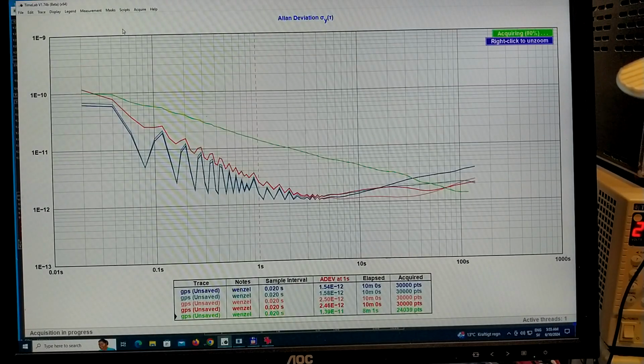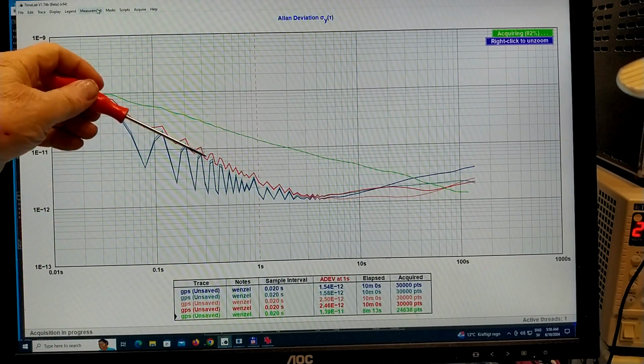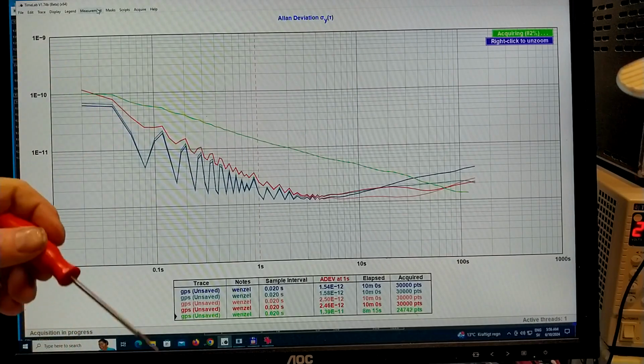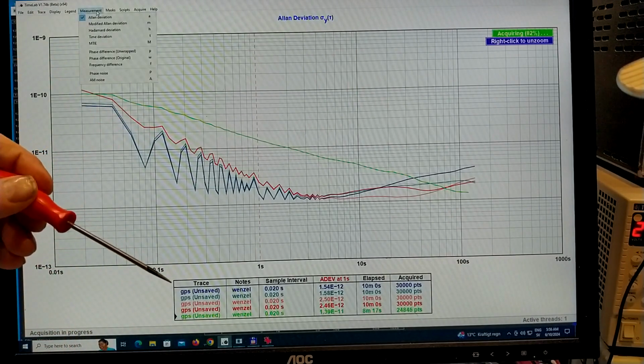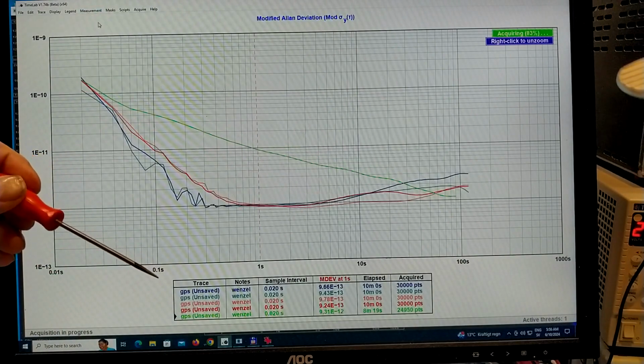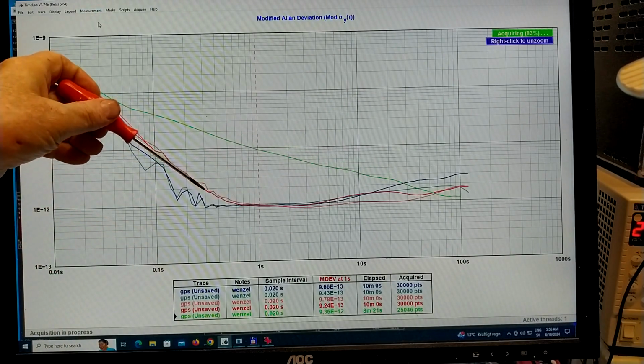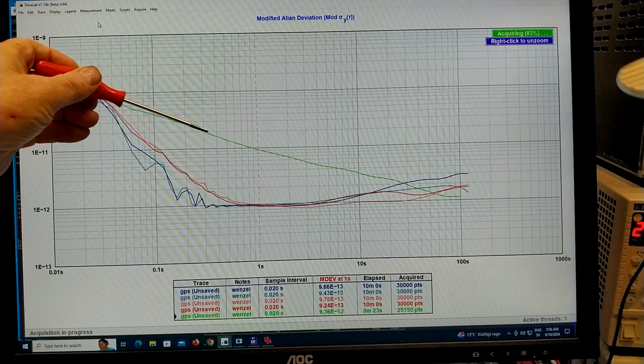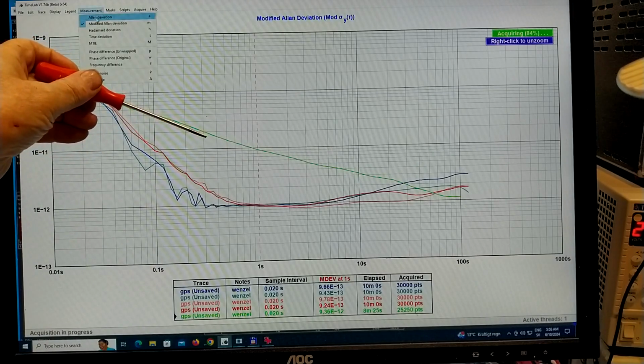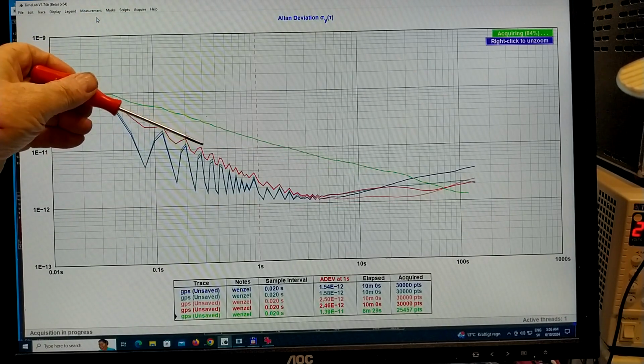Now we can see the difference between Allan deviation and modified Allan deviation. So, green trace, that is with noise close to the carrier. Red trace is with a flat noise floor that is very strong. And the red trace goes down much more than the green. So modified and normal.